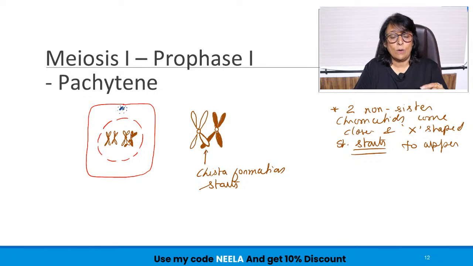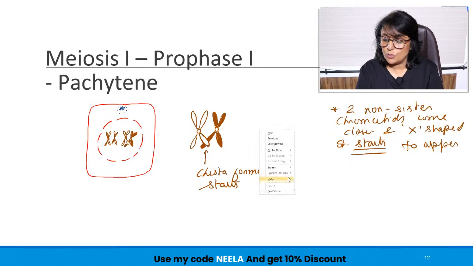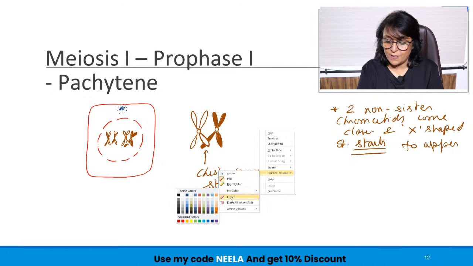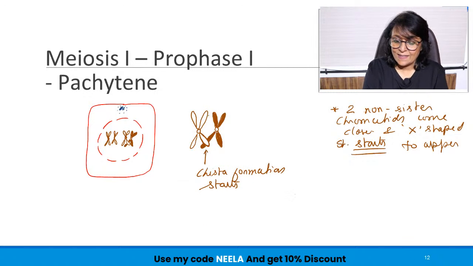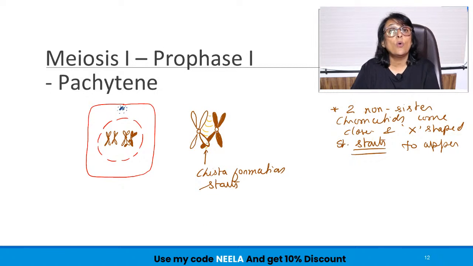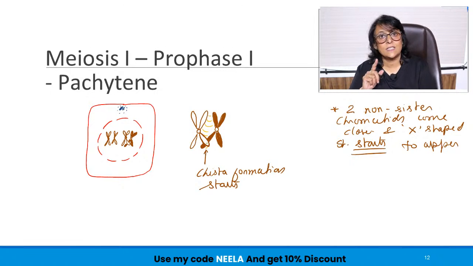And now comes the next stage in which the maximum changes are going to take place. One thing which we normally don't draw here, but we have to remember, is the protein, the synaptonemal complex, which is holding these 2 chromosomes together. What was the significance of these fibers, the synaptonemal complex?